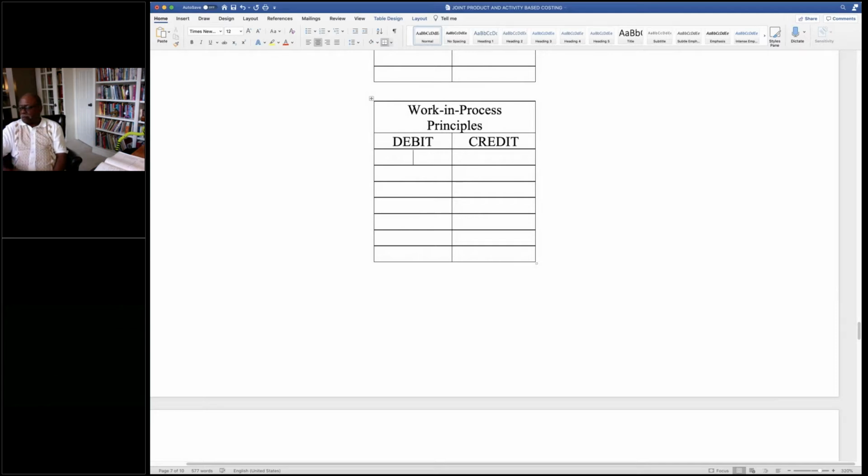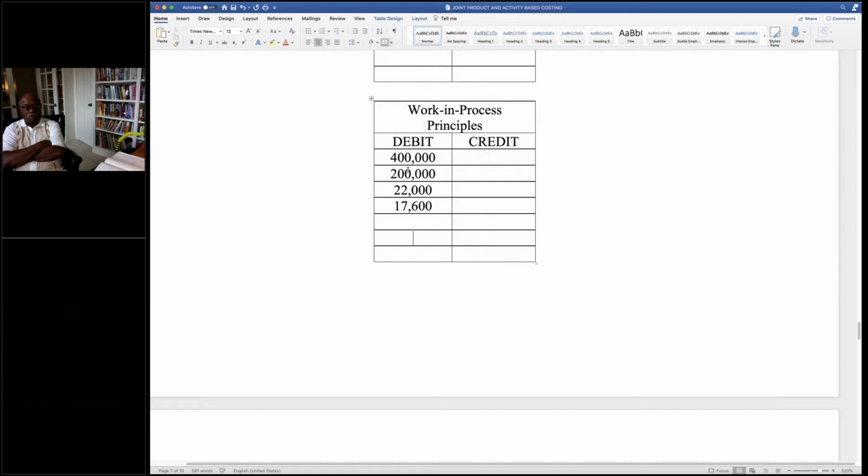So they had a debit of $400,000 for the ink, a debit of $200,000 for the paper, $2,200 for the actual labor hours they paid the workers, and then they had a manufacturing overhead of $17,600.